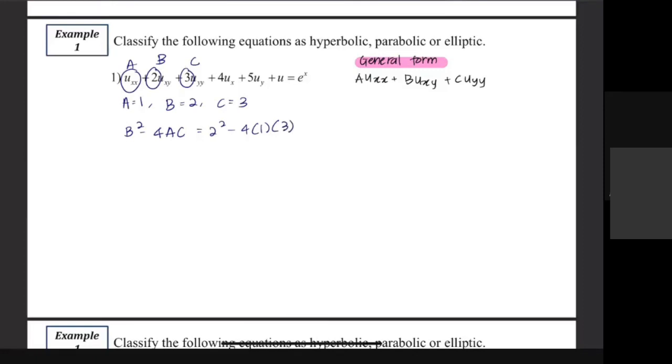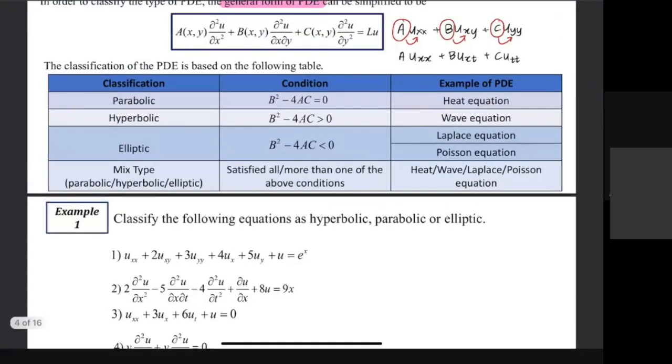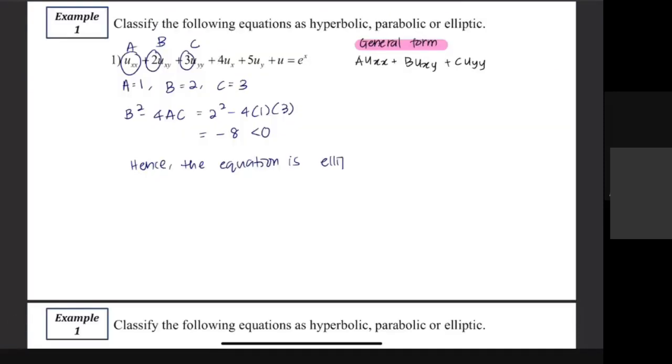And then calculate the value. You will get negative 8. Okay, since negative 8 is less than 0, hence the equation is elliptic.